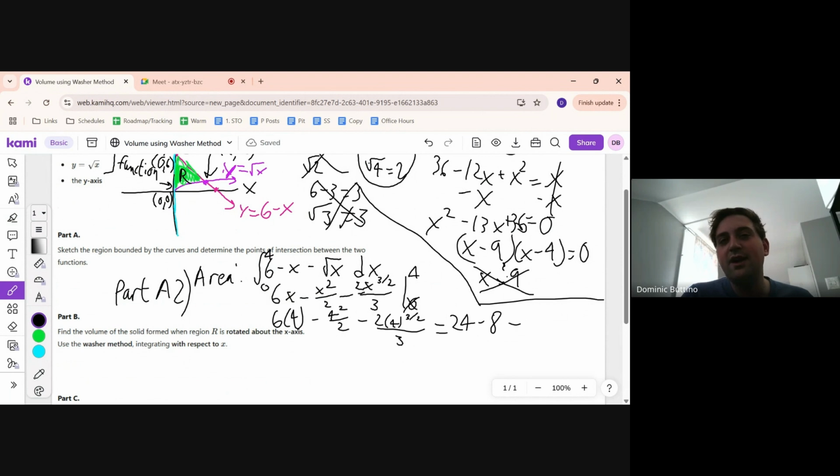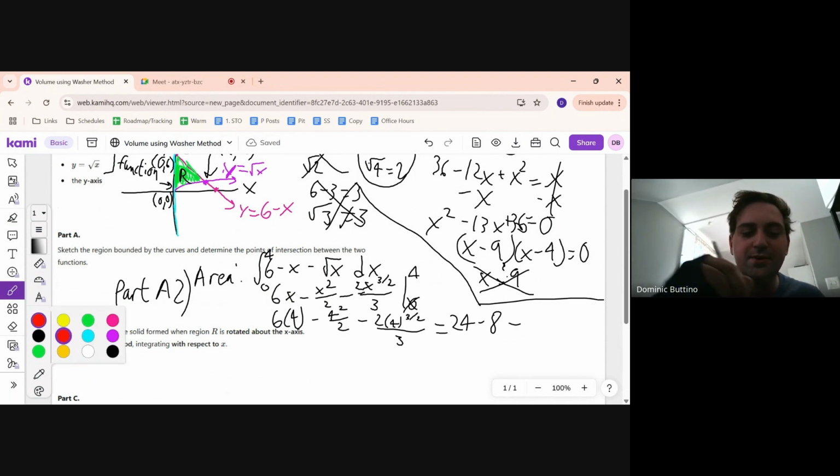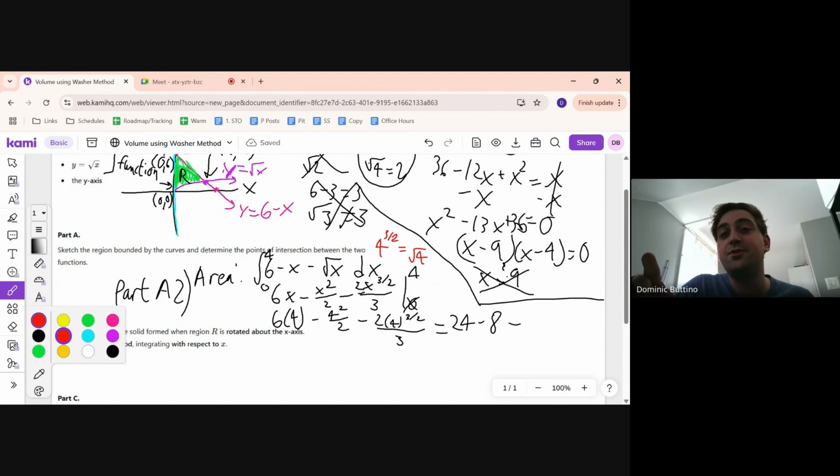Because the 1 over 2 power means square root of, and the 3 is still on top.